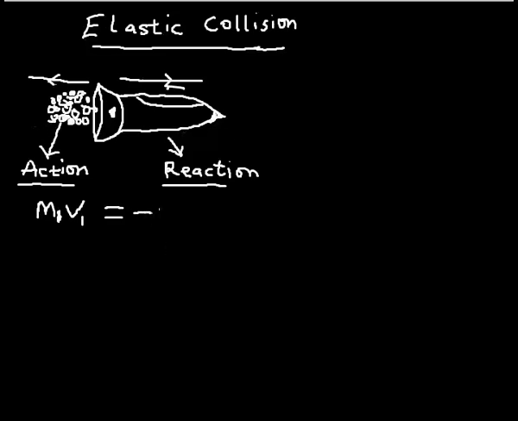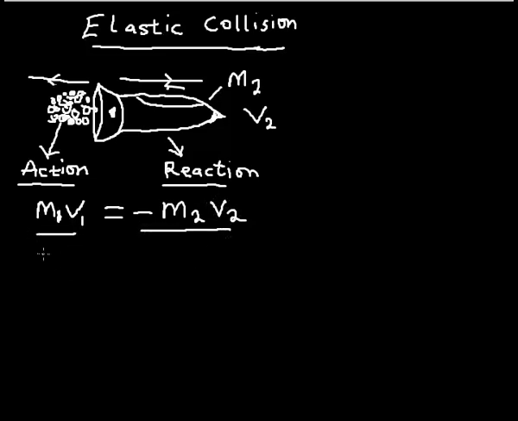So, let the mass of the rocket be m2, that's going to be minus m2. Then let the velocity at which the rocket moves forward be v2. So this is the formula: m1 v1 equals minus m2 v2, action is equal and opposite to reaction.